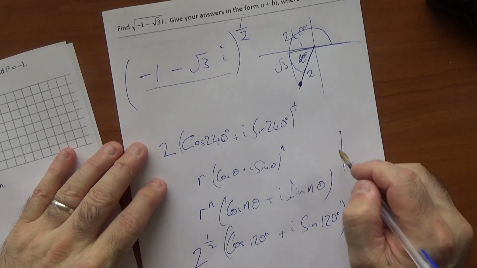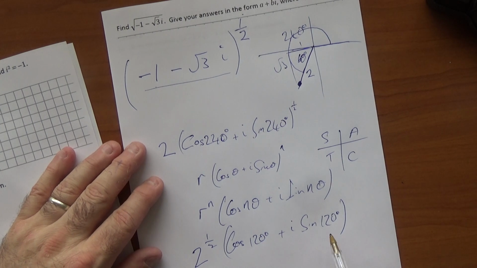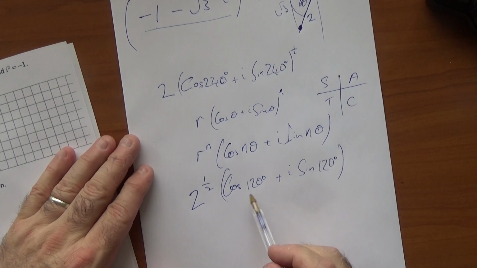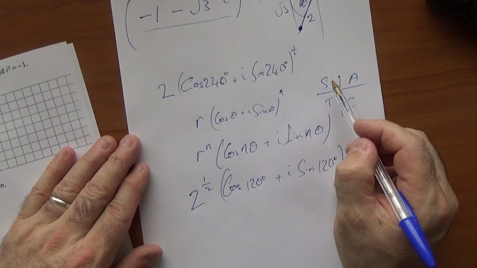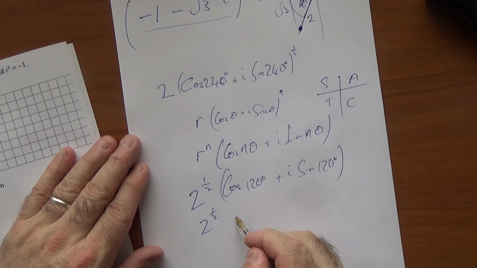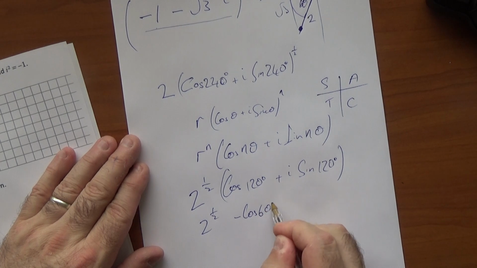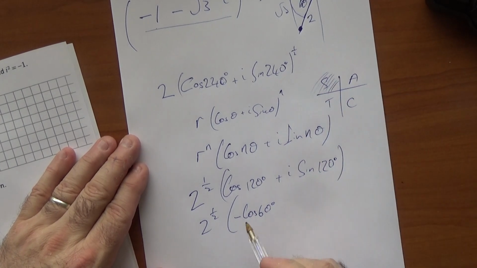Okay, we'll apply CAST real quick, using the reference angle for 120 degrees, which is 60. So you end up with 2 to the power of half times minus the cos of 60. I'm saying minus the cos of 60 because cos isn't positive here, so it must be negative.